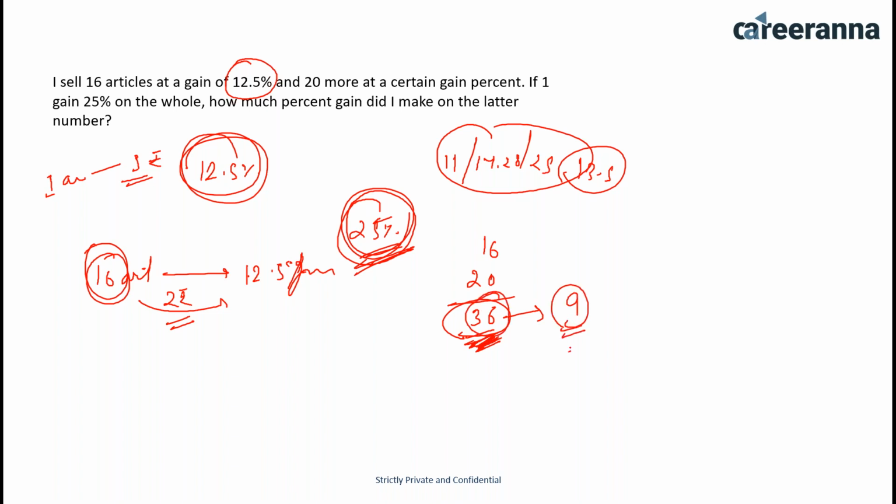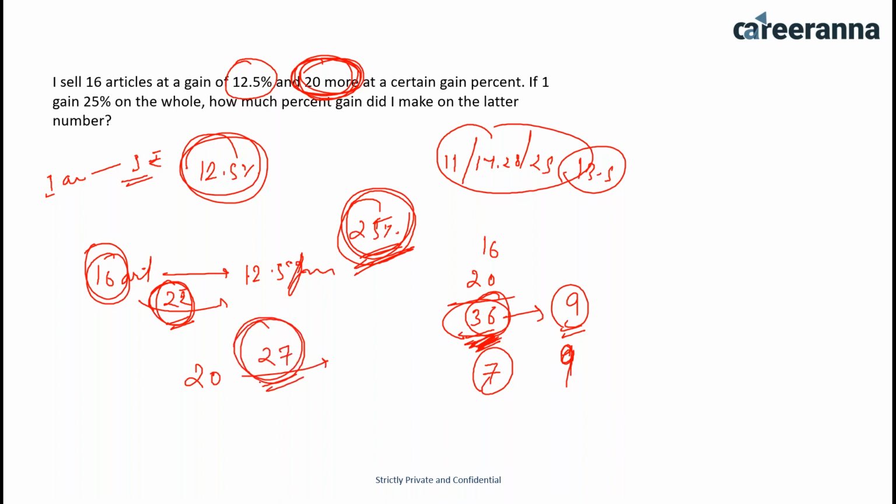So total gain should be 9. But I have only 2. So I have to gain 7 more. How can I get it? By selling these 20 articles. That means I have to sell these 20 articles for 27 rupees. So what is the gain? 7 divided by 20.